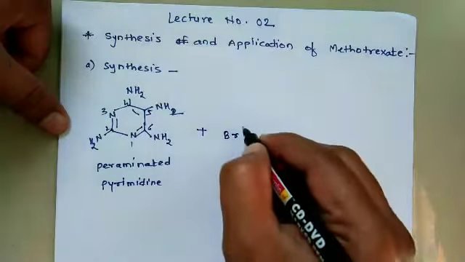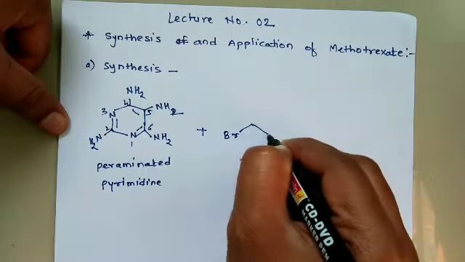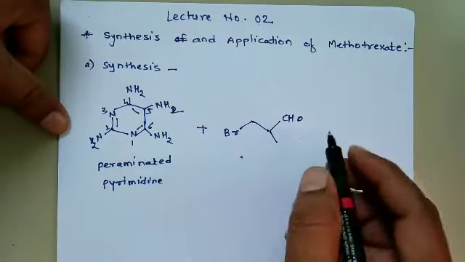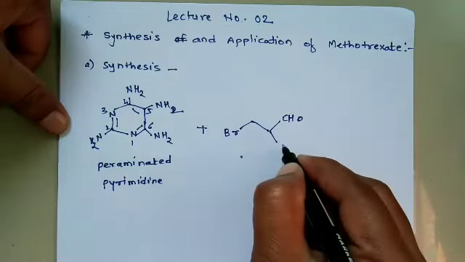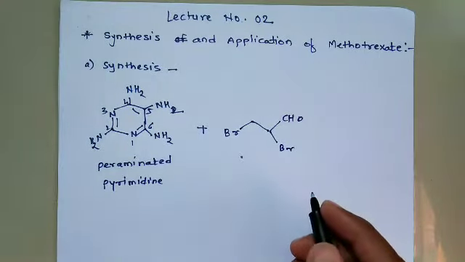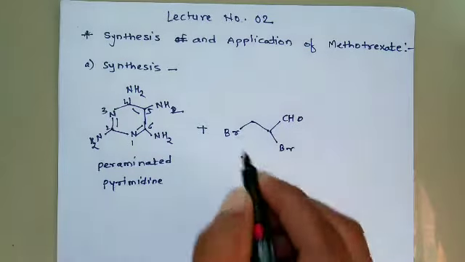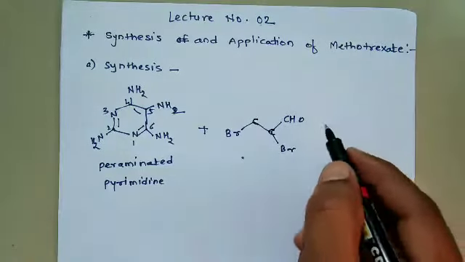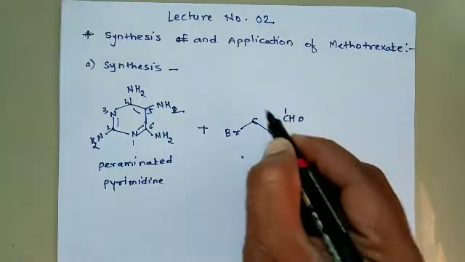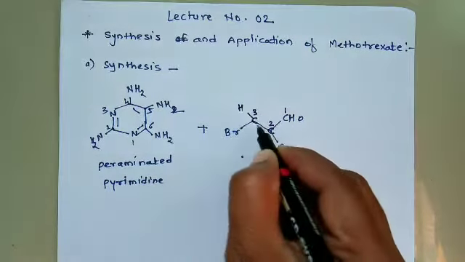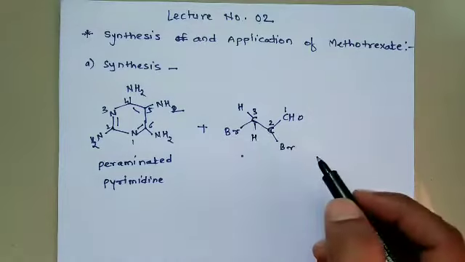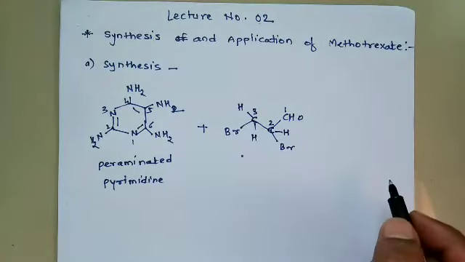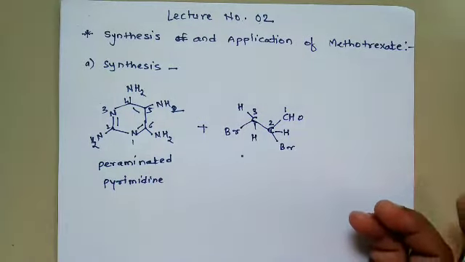This pyrimidine reacts with 2,3-dibromopropenoaldehyde. That means there are 3 carbon atoms in the longest continuous chain, 1 2 3, and the third position has 2 hydrogens and 1 Br group, then the second position has 1 hydrogen and 1 Br, and the first position has an aldehyde.